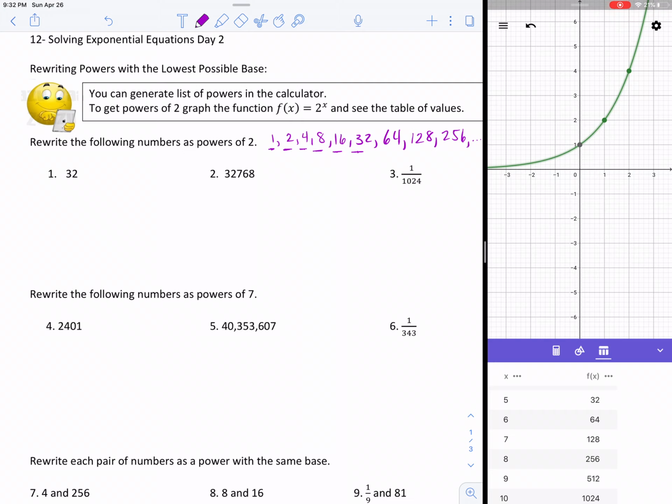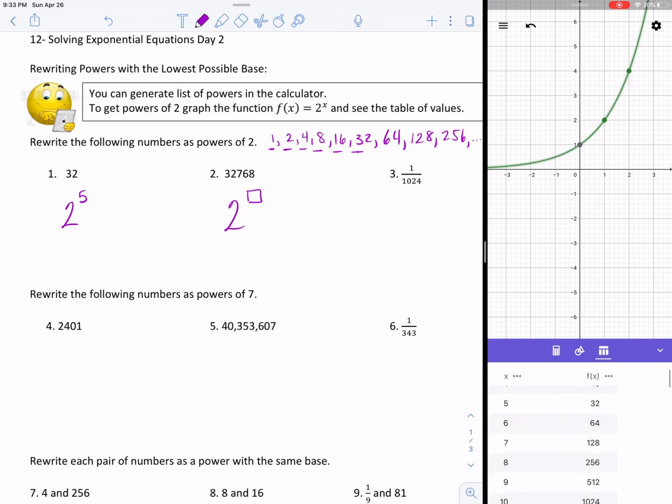Okay, so number 1 was rewrite 32 as a power of 2. So I see from my list that when the input is 5 in the calculator, the output is 32. So that means 2 to the 5th power is 32. So for number 2, we want to rewrite 32,768 as 2 to some power.